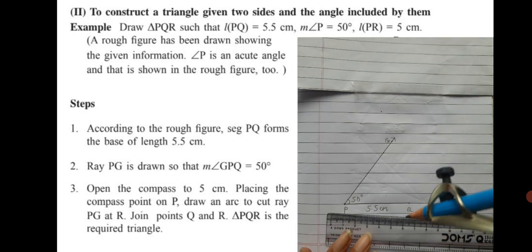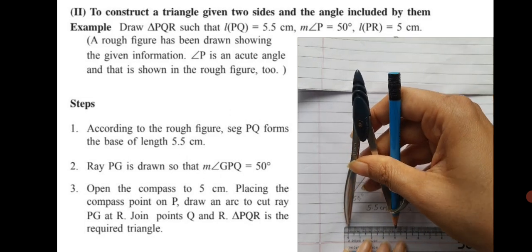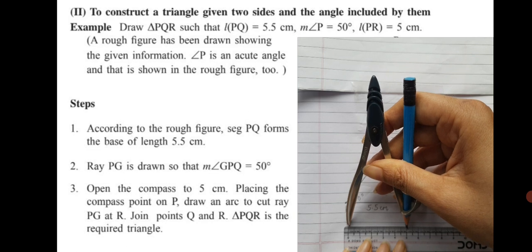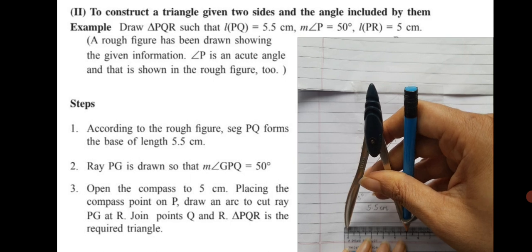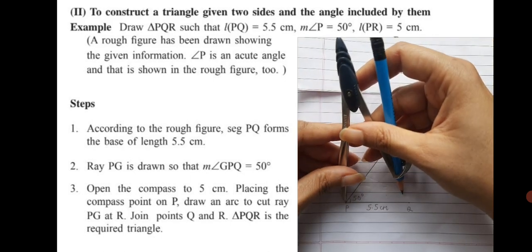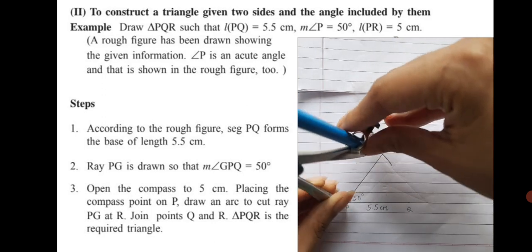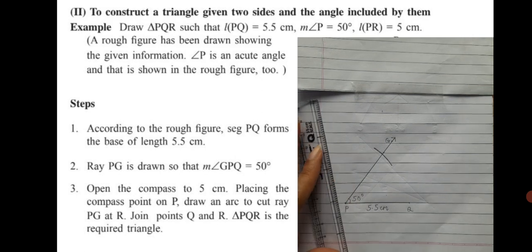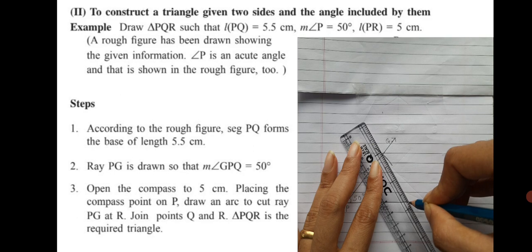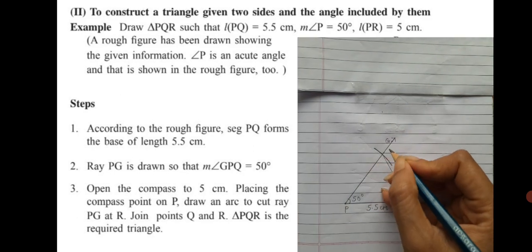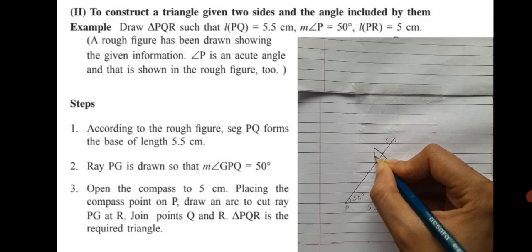Now we have to open the compass to 5 centimeter, exactly 5 centimeter, and then placing the compass point on P, we draw an arc to cut ray PG at point R. So the point R will be joined now to Q to form the seg QR.